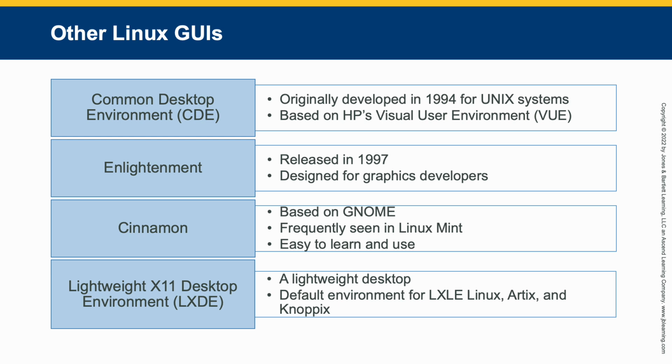Enlightenment is designed to be lightweight and efficient, making it suitable for a variety of hardware from older systems to modern high-performance machines. It includes a suite of integrated applications and tools such as File Manager, Terminal Emulator, and System Monitoring Utilities, which are seamlessly integrated into the desktop environment. Despite its powerful features, Enlightenment has a learning curve due to its extensive configurability, which can be overwhelming for new users.